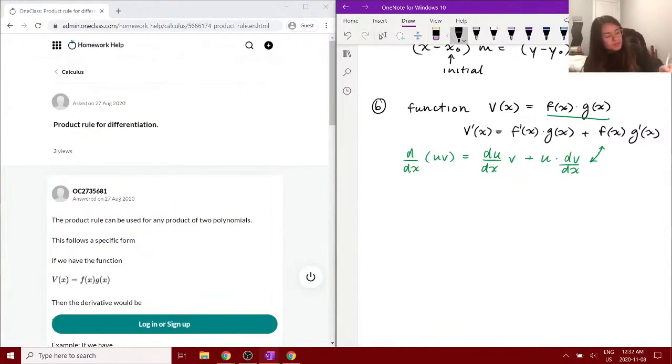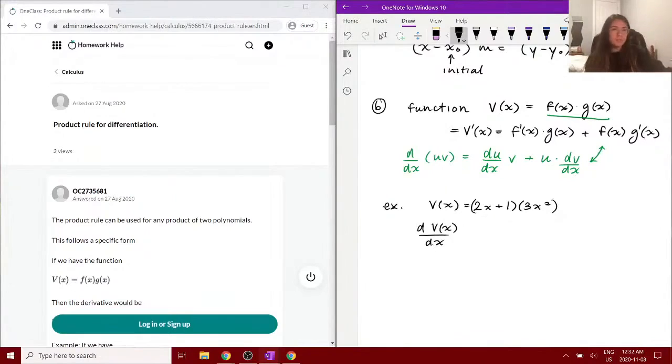Let's go through an example so we can apply this. This example gives a v of x as 2x plus 1 times 3x squared. If we want to take the derivative of this, just so you know, I switched the notation here.